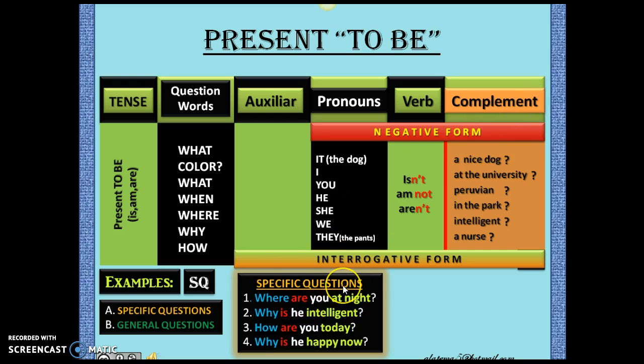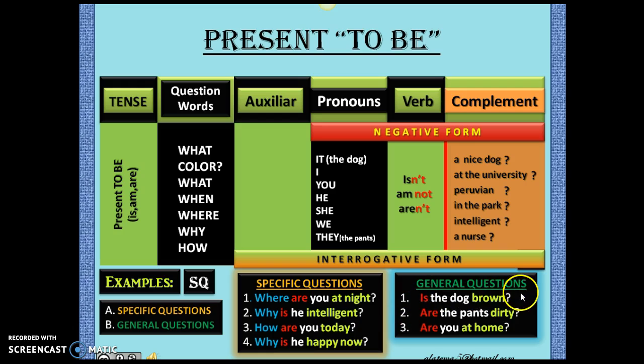So this is a specific question. Why is it specific? Because I'm asking about something in particular. Where, asking for the place, when, asking for the time, why, asking for the reason, how, asking for the form, and why for the reason too.